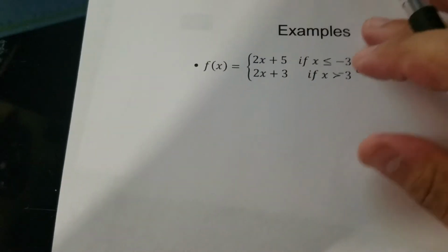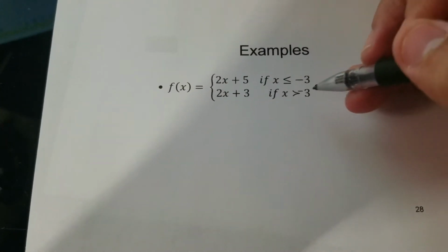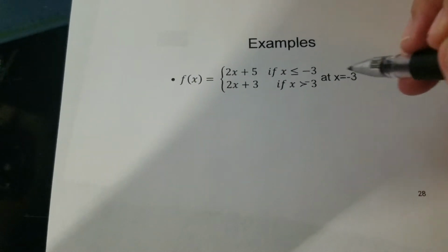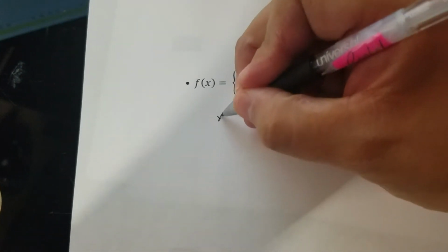So I'll do one more example here, right here. So this is asking me when my x is negative 3. So again, here now I have when I'm less than negative 3, when I'm bigger than negative 3. So I'm going to plug in a negative 3 on both sides.